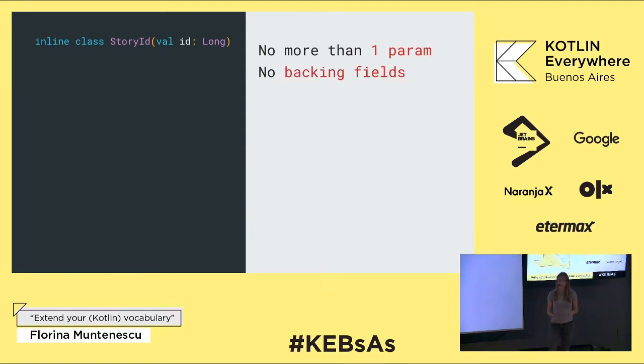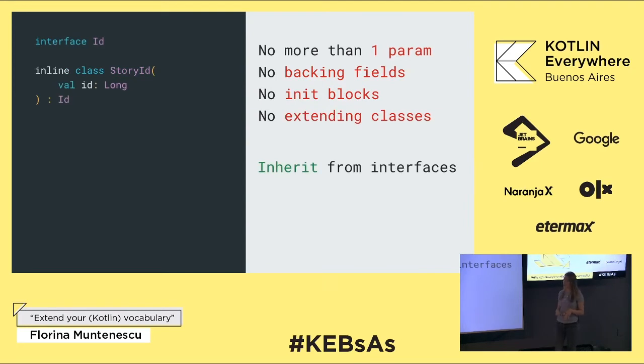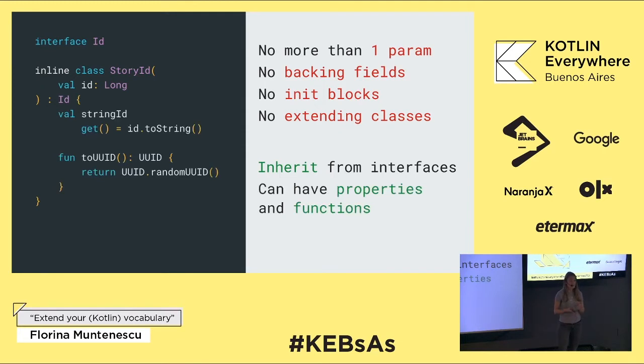They are not allowed to have any backing fields. They can't have init blocks. They can't extend classes, but they can inherit from interfaces. So for example, I can have an interface ID and have my inline class StoryId inherit from it. And also, it can have properties and functions.